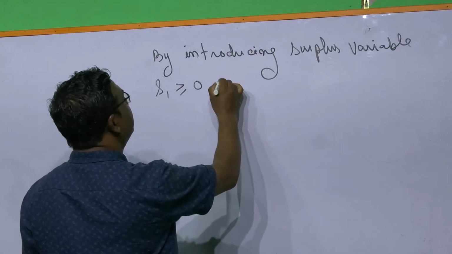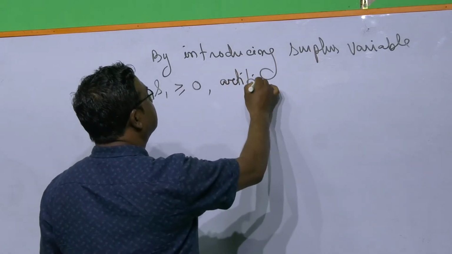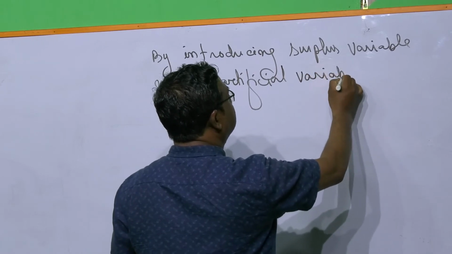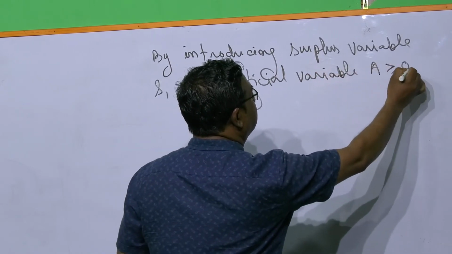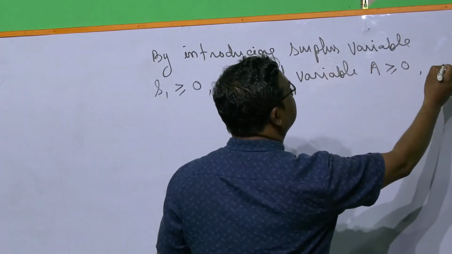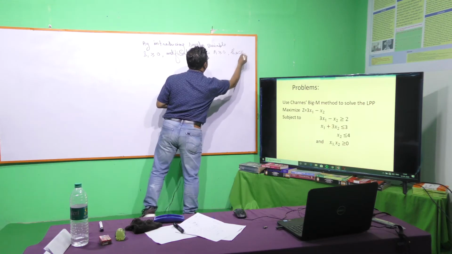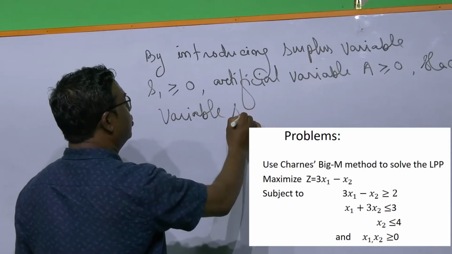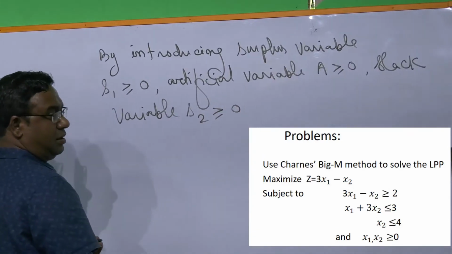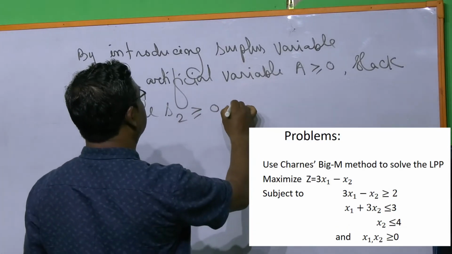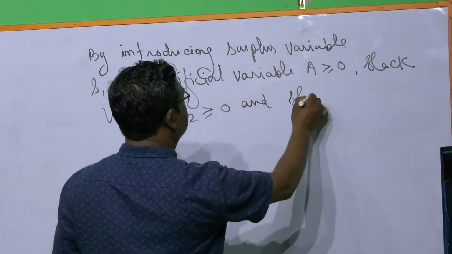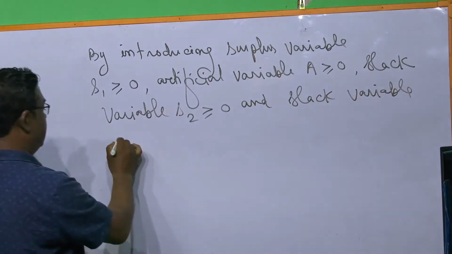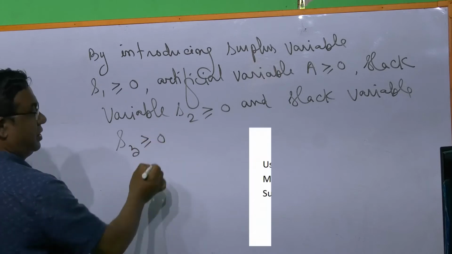Next, artificial variable A in the first constraint, then slack variable S2 in the second constraint, and slack variable S3 in the third constraint.